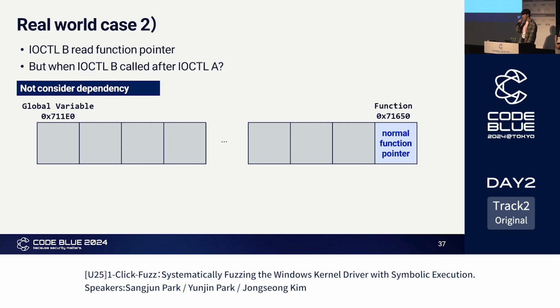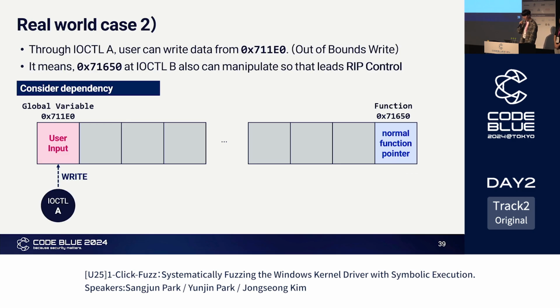To be more specific, control code A writes a value to the global buffer at 711E0. And control code B reads a global variable as a function pointer at 71650. However, by exploiting the buffer overflow in control code A, we can overwrite the global buffer at 71650.